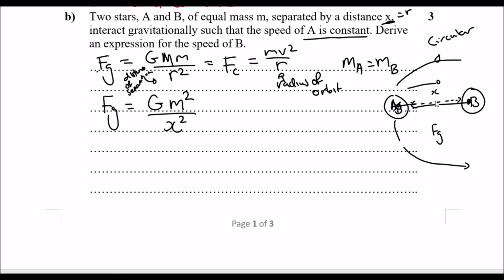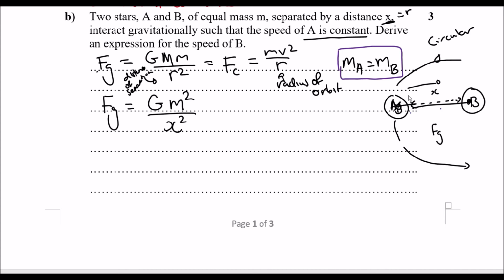Okay, next part is working out the direction of orbit. We said that both of them have the same mass, which means their orbit is not going to be favored on either side.